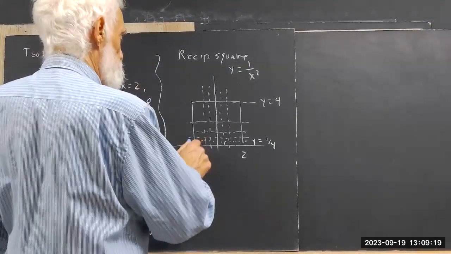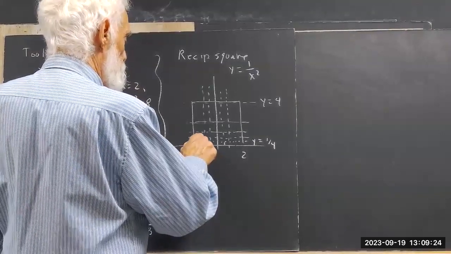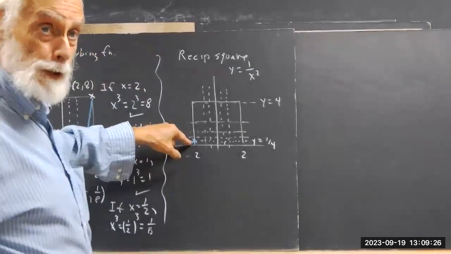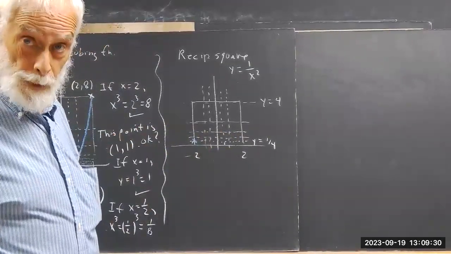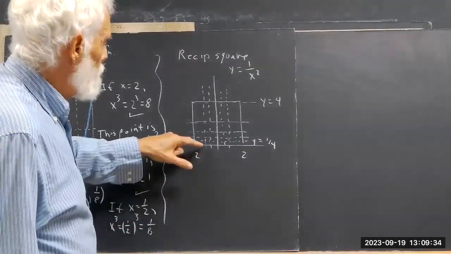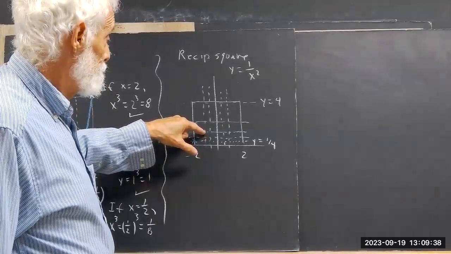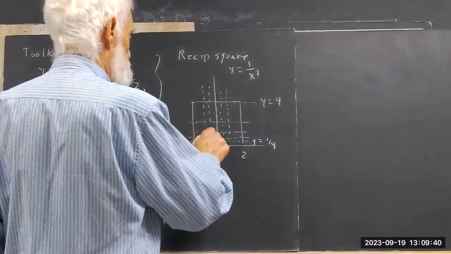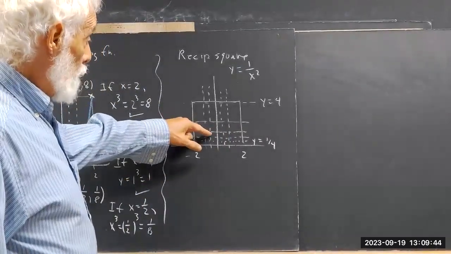We start with this point right here, which is the same point we start with for the exponential function. Down there on the y equals 1/4 line. Then we go over 1 and up 2. And make a mark. And then we go over 1 and up 2.